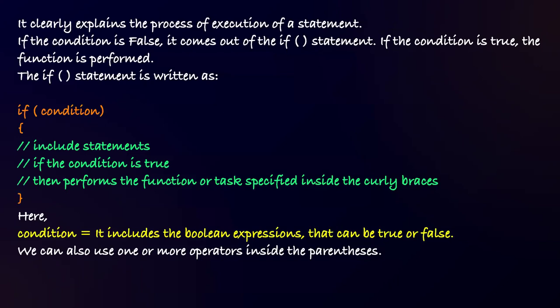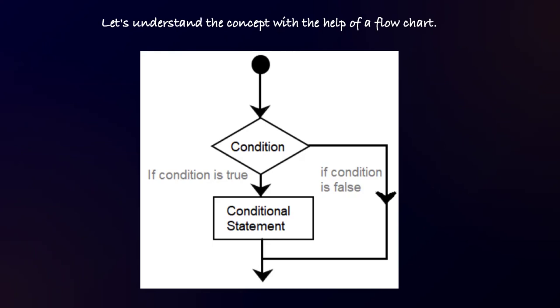Now it clearly explains the process of execution of a statement, right? If the condition is false, it comes out of the if statement. If the condition is true, the function is performed. See, if the condition is false, it comes out. Can you see it is bypassing this conditional statement?